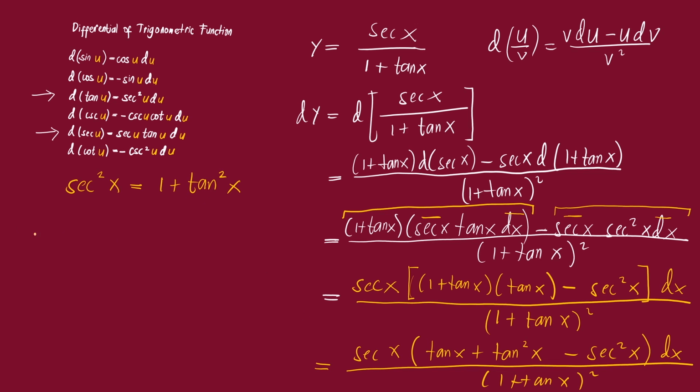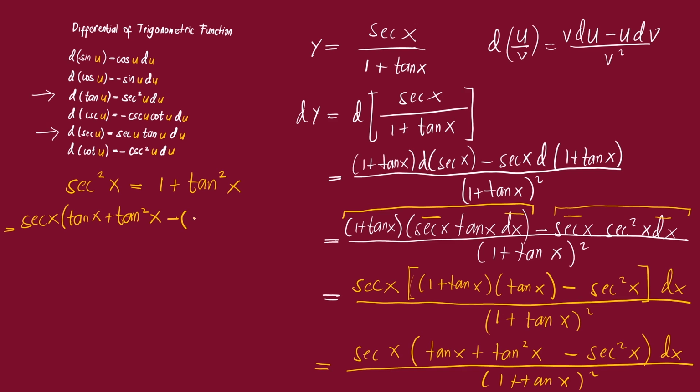So this is equal to secant x, then I copy the quantity, you have here tangent x plus tangent squared x minus, take note, the value of secant squared x is equal to 1 plus tangent squared x.